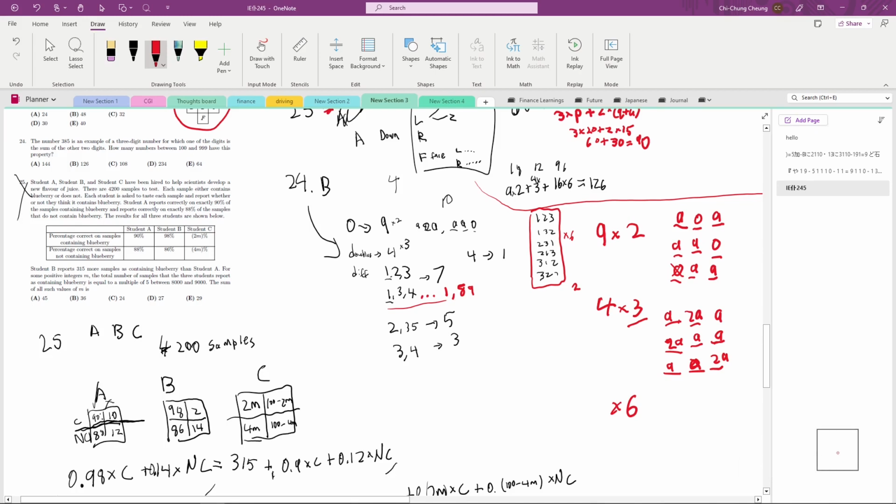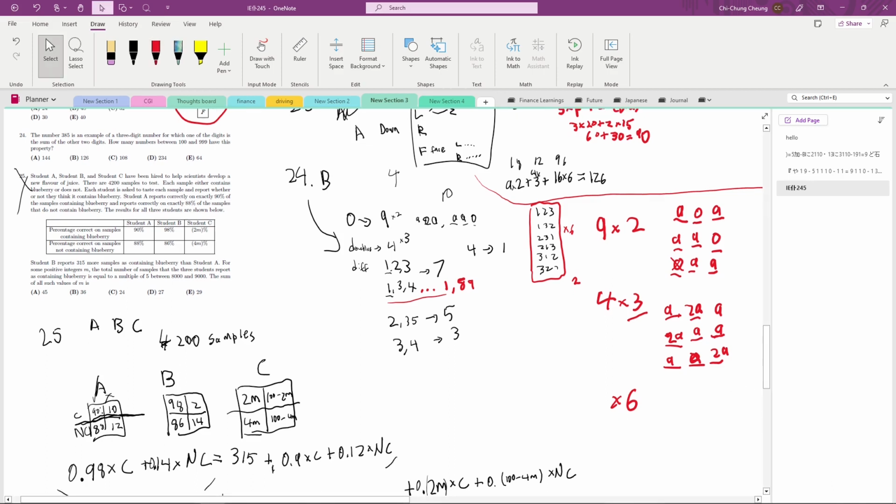It's 2 to 8. These are all your possible ones. How many are there? 2, 3, 4, 5, 6, 7, 8. That's 7 digits. So the rule is basically if it's inclusive, it's the largest minus the smallest plus 1. So it's 7.